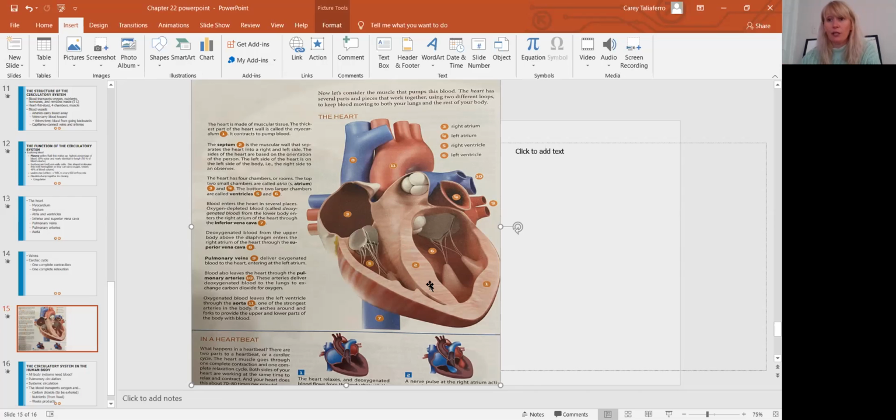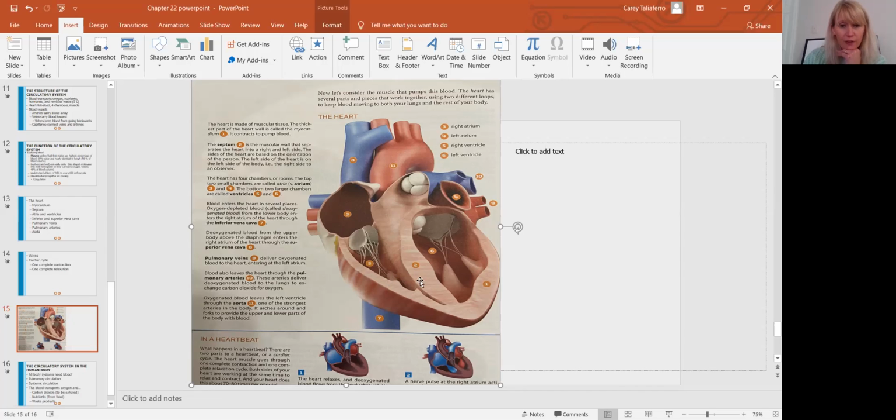Now, as you guys have learned in the videos at the beginning of this section that we watched last week, there are 4 chambers to the heart. So 3 and 4 right here are the smaller chambers, and they are the atria. Atrium is singular. So this is the atrium. This is an atrium. The smaller chambers are called the atria. The 2 bottom chambers are larger, and those are the ventricles.